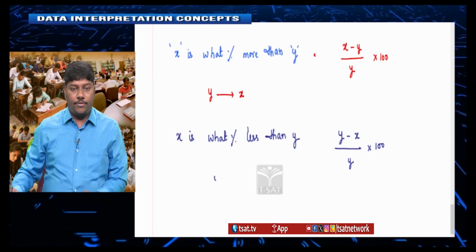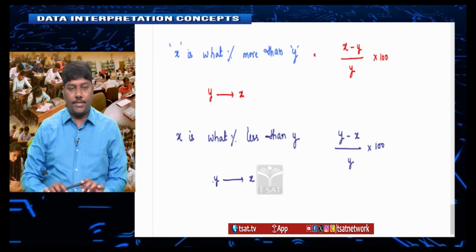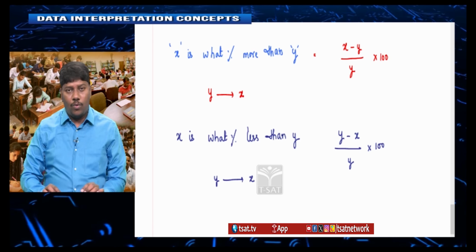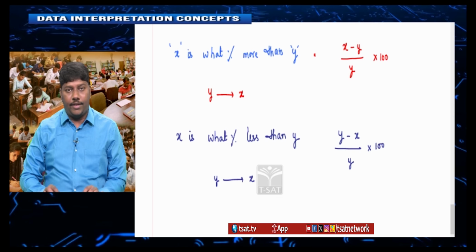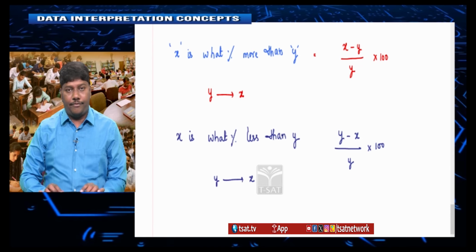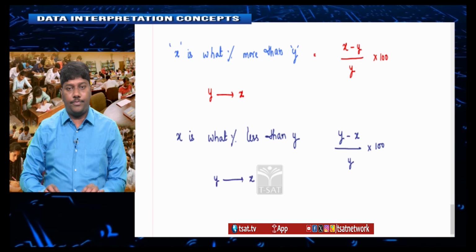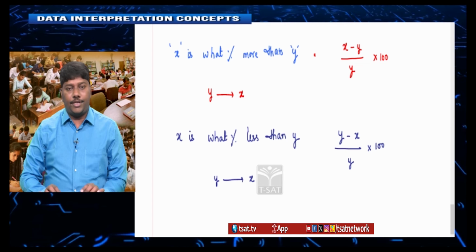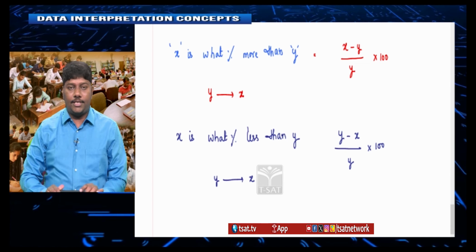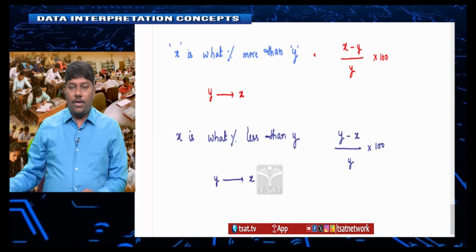Therefore actually here also Y becomes X. But here less means Y is decreasing. What is percentage decrease? Value decrease by initial value. Here also initial value is Y itself. Therefore Y minus X by Y into 100. So percentage increase or percentage decrease, percentage more or percentage less, both of them are same. So this is how they'll ask you.